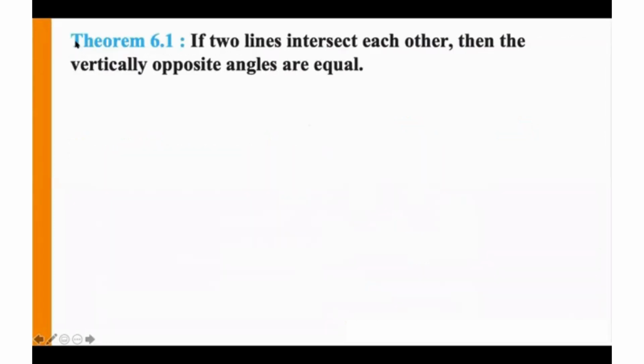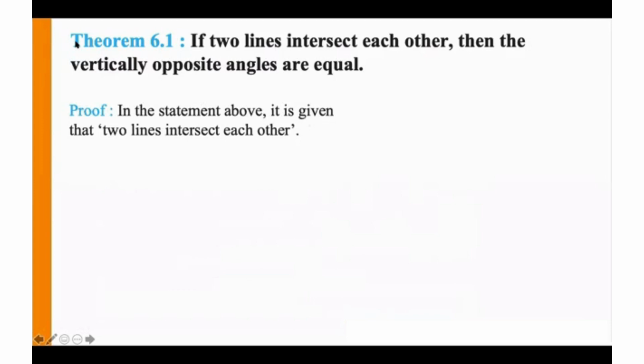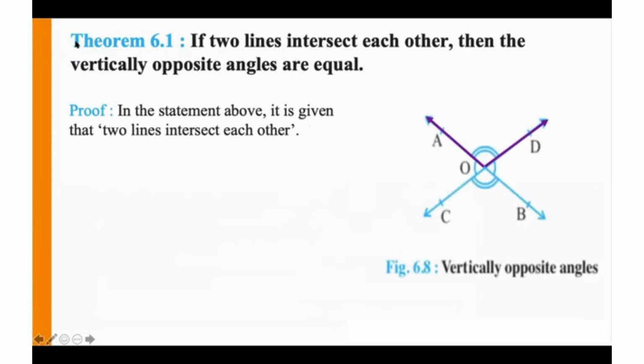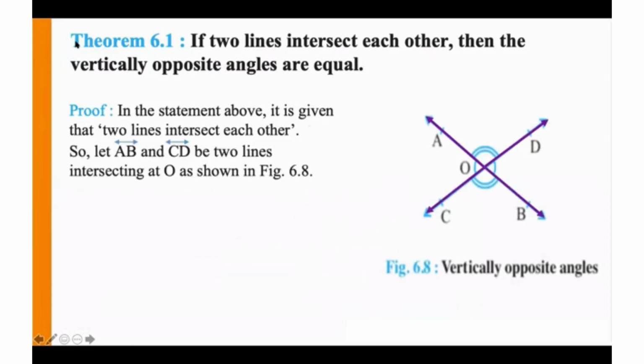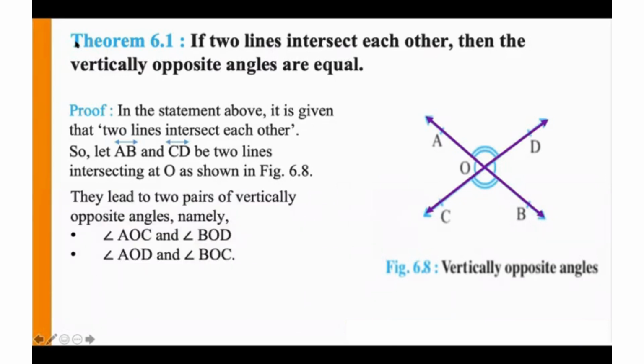So we are going to prove in this Theorem 6.1 that if two lines intersect each other, then the vertically opposite angles are equal. Let us understand what is already given to us in the statement. It is given that two lines intersect each other. So let AB and CD be two lines intersecting at O as shown in figure 6.8.